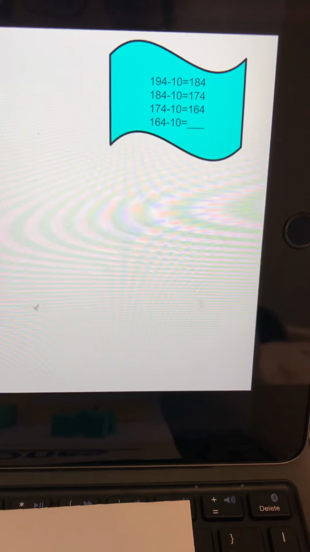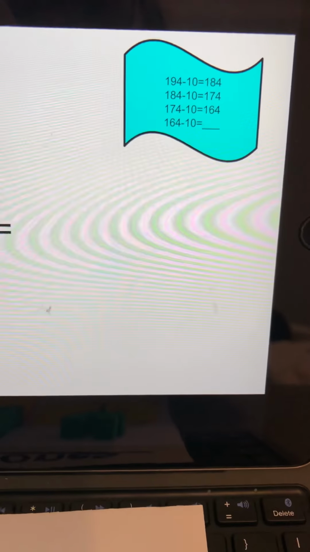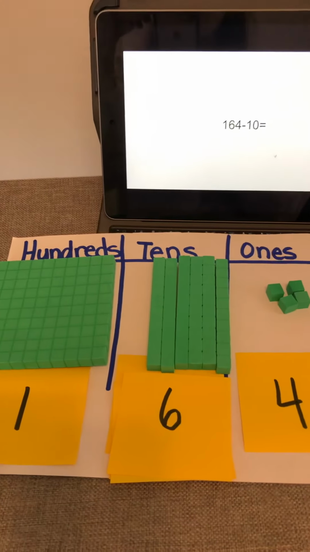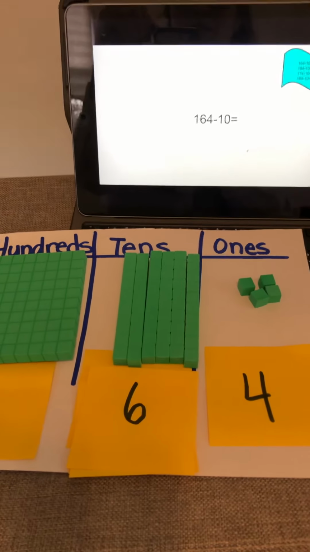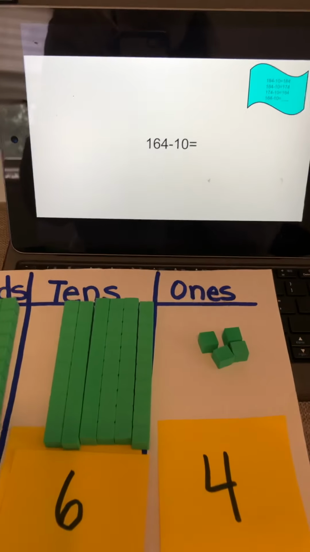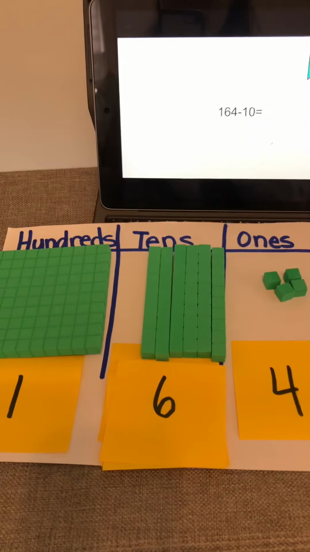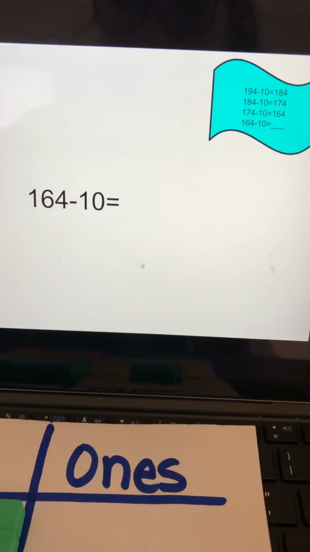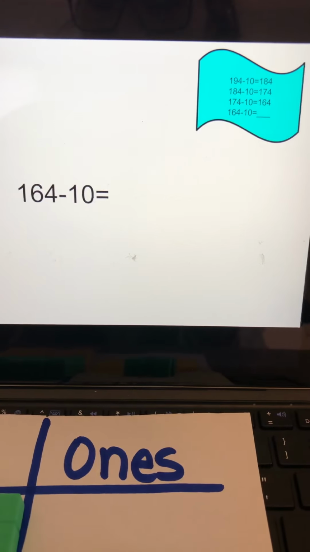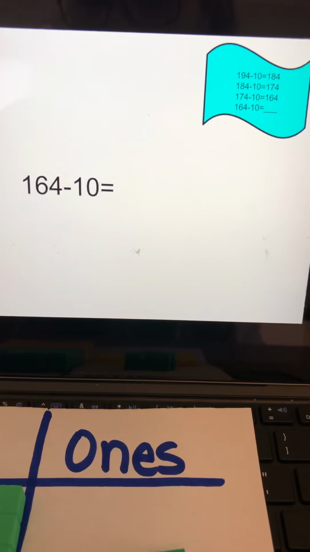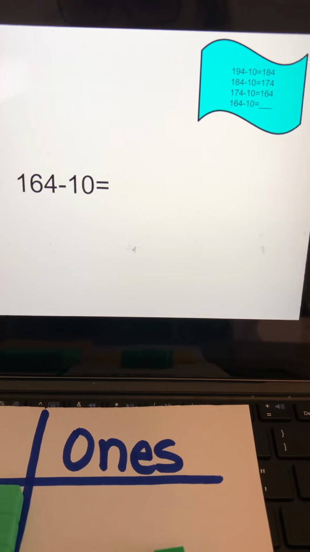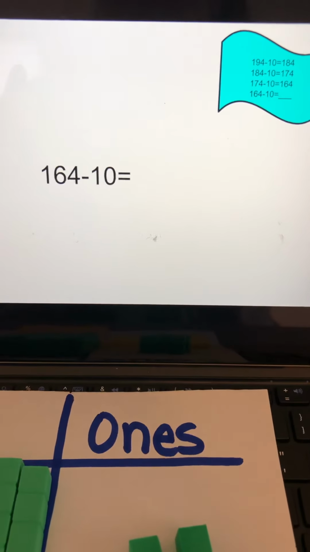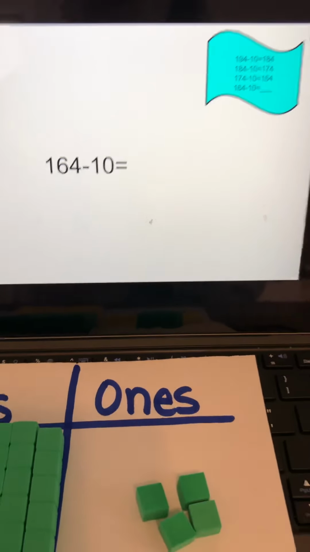See if there's a pattern that will help you figure this out without using our blocks. Give you a few seconds. What do you think 164 minus 10 will be? What is the difference? Shout it out in 3, 2, 1. Let's see if you're right.